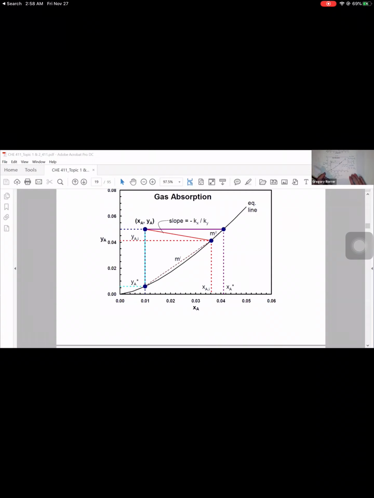So this is essentially where we got to at the end of class yesterday. And what I want to do is move on, in the context of this discussion, and talk more about how we're going to analyze the limiting resistances in this process.